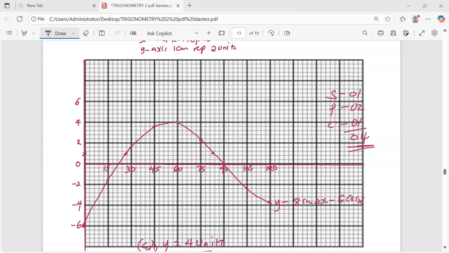So I'm going to correct that so that we are able to get exactly what we are looking for. There is a mistake that was done there. So we are going to multiply 1 by 2 so that we get 2, so that we have exactly the values equivalent to that of the curve.